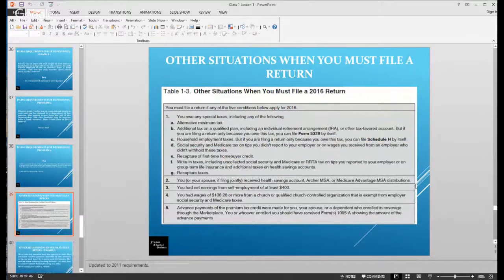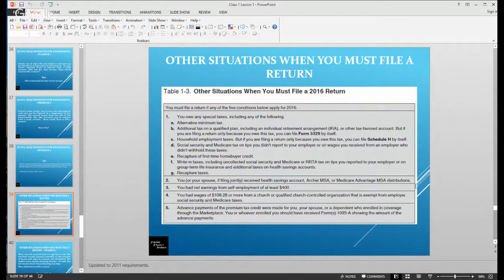There are other situations where you may need to file a return even if your earning levels do not require it based on Table 1 and Table 2. Referring here to Table 3, again from Publication 17, Chapter 1, other situations when you must file a 2016 return. You must file a return if any of the 5 following conditions apply. The first being if you owe any special taxes.